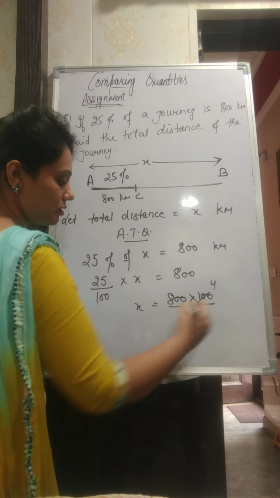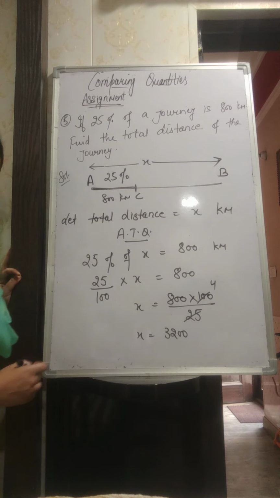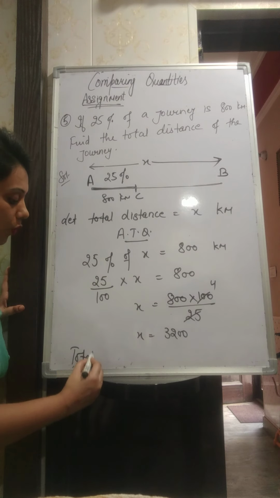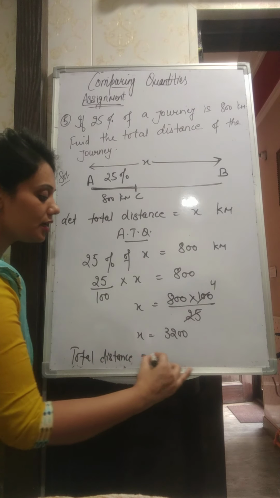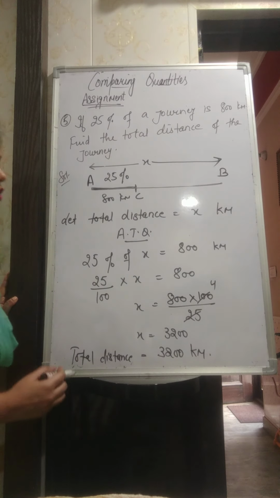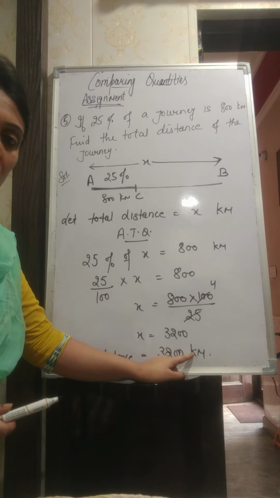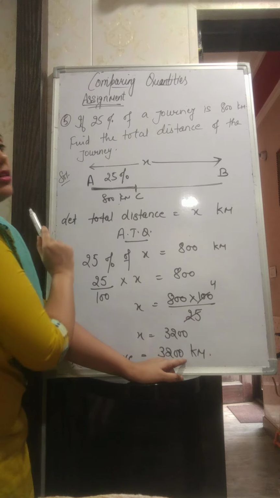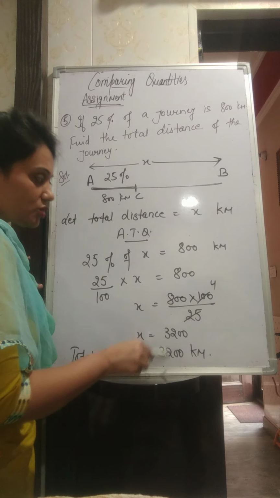So what is the value of x? 3200. So it means the total distance is 3200 kilometers. The total distance is 3200 kilometers, whose 25% is 800. 25% of this 3200 is what?